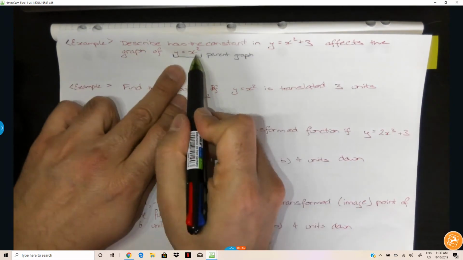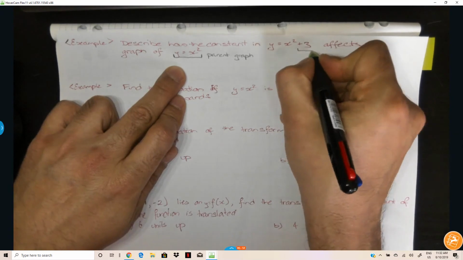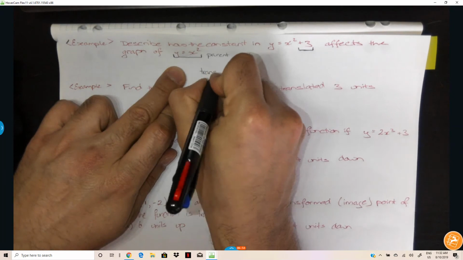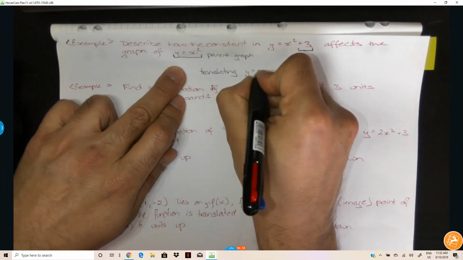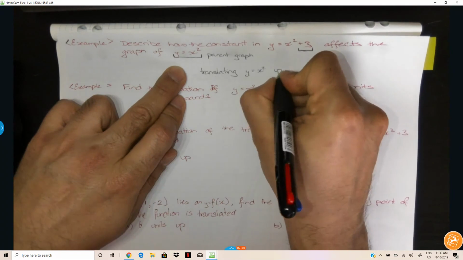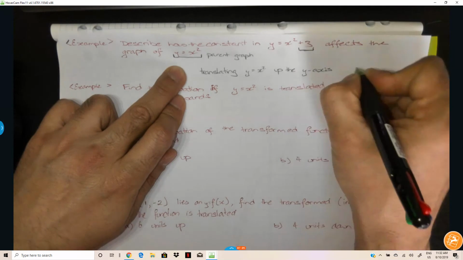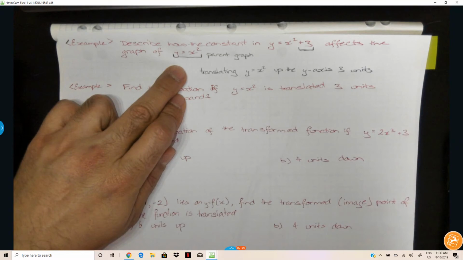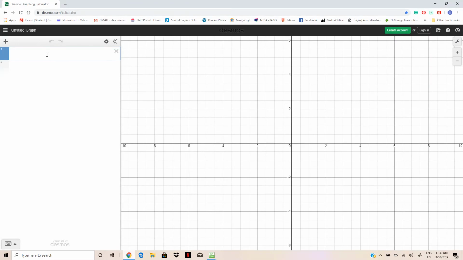If we add 3, all we are doing is translating y equals x squared up the y-axis 3 units.